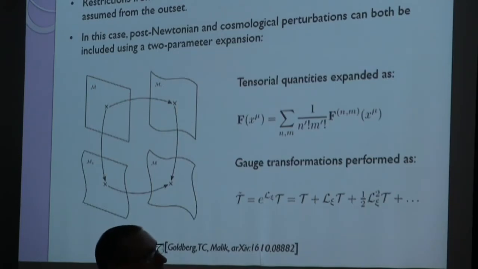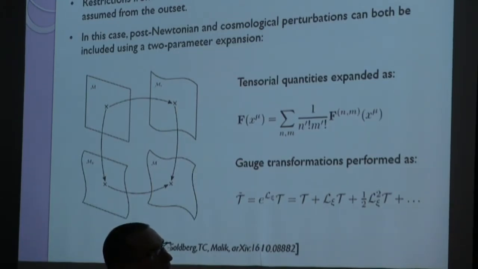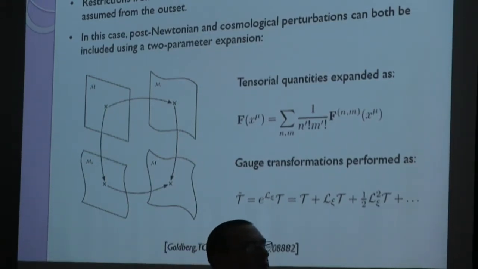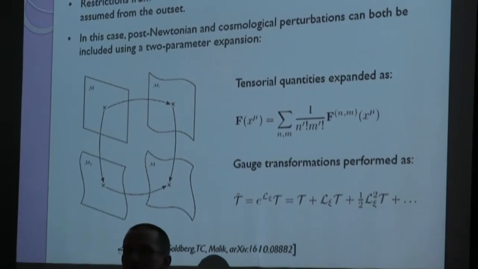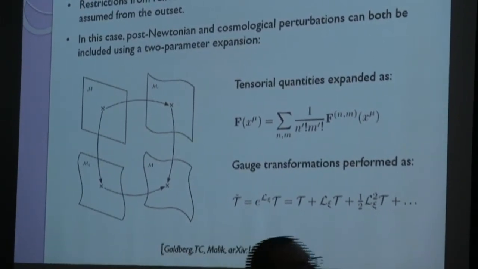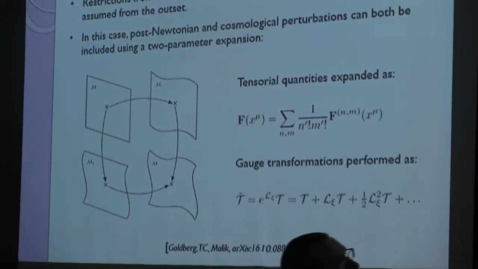The way we constructed this path from the perfect Friedmann background with Newtonian and cosmological perturbations is the same as cosmological perturbations and then post-Newtonian perturbations. So this kind of commutativity of these different maps between the different types of perturbations is required for this to make any sense at all.